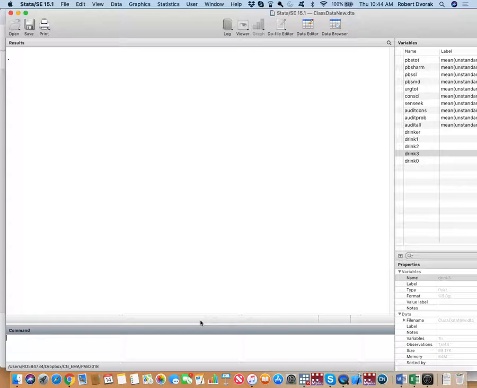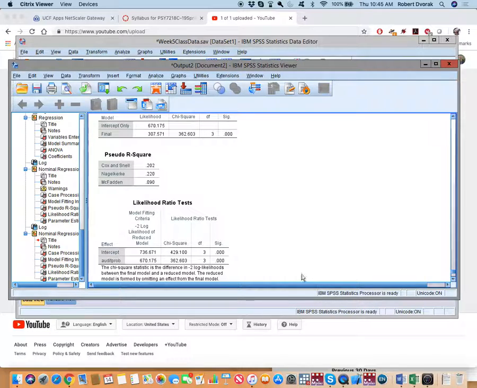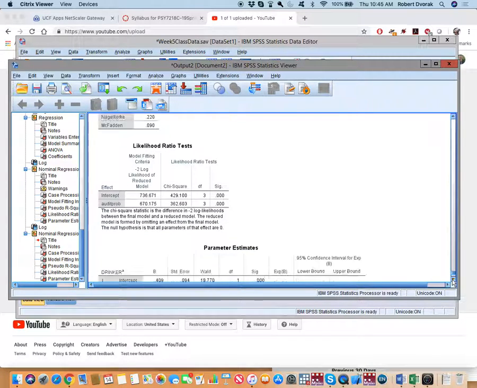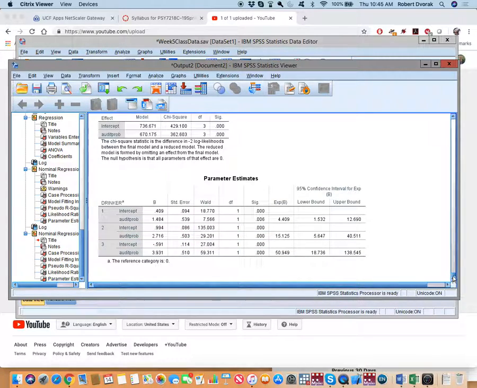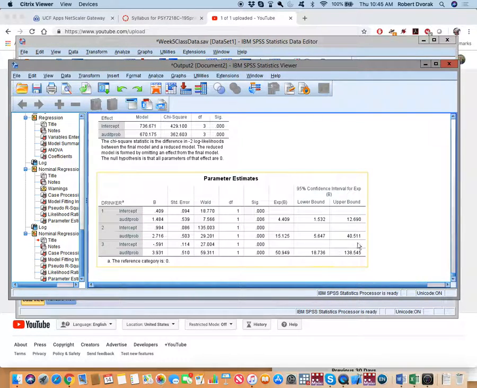I'm wondering if what I did, I'm going to close this out for a second and then open it back up. Yeah, this actually is very different than the way that multinomial logit works in Stata.